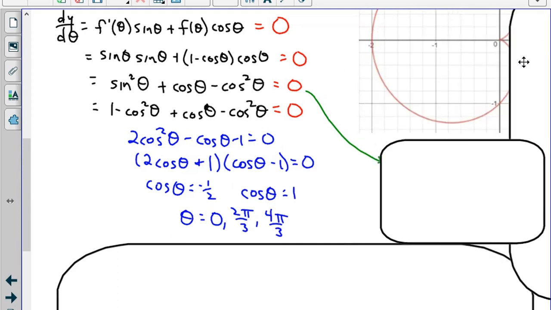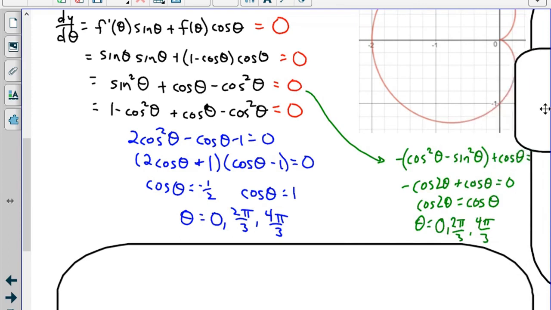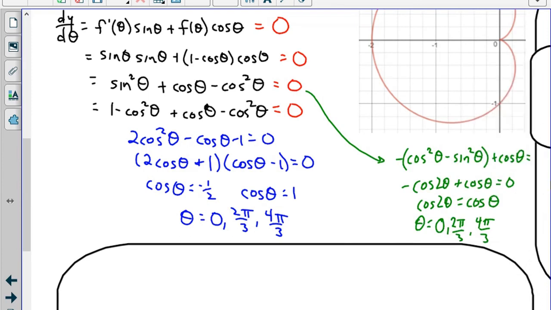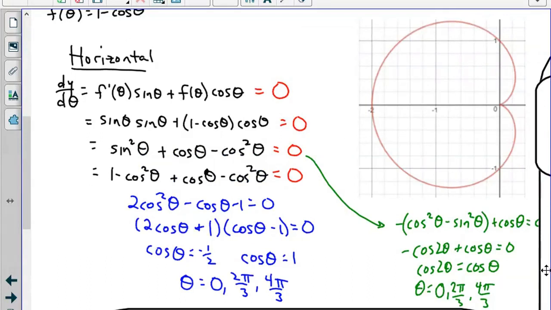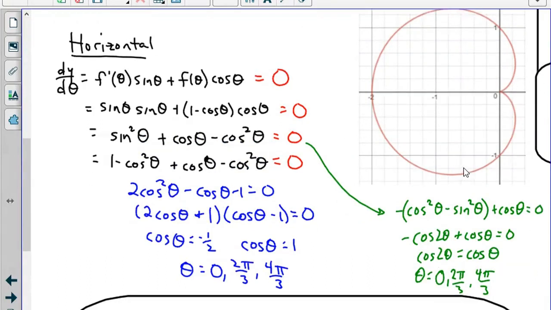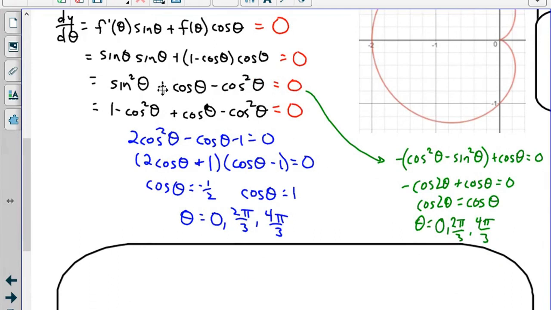Also notice that I had a green arrow kind of showing up here. Okay, good. So notice I could have, instead of changing sine squared into 1 minus cosine squared, which is a trig identity, and I didn't really explain it very well, so that's my fault, from sine squared to 1 minus cosine squared.